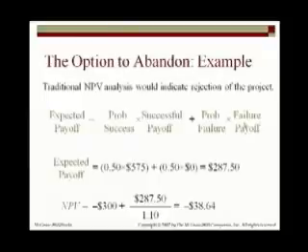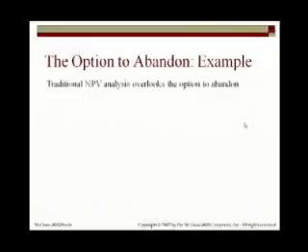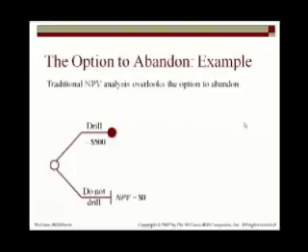Now that is the net present value of the well without any options. But there is an option, something that wasn't stated but something we should realize: if the well is a failure, we can always sell the drilling rig.